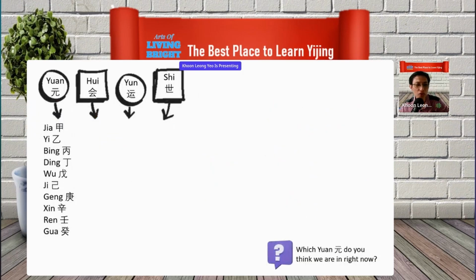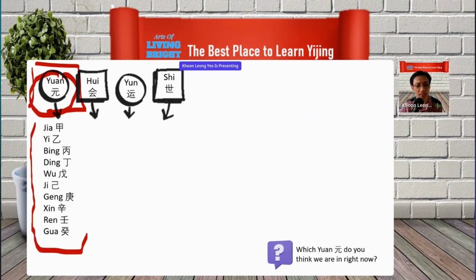So let's talk about the yuan first. Now the yuan, the meaning of the yuan is the beginning, the source. According to the theory, because this round thing follows a 12 recurring cycle, the best way to represent the 12 cycle is to use the tian gan, because this is yang, to represent the yuan.